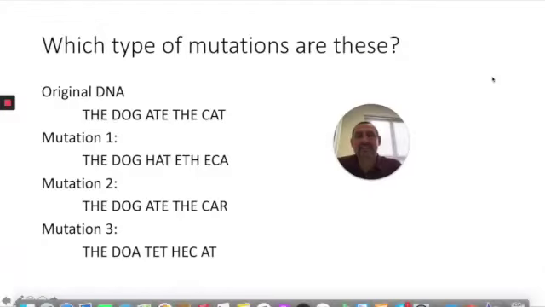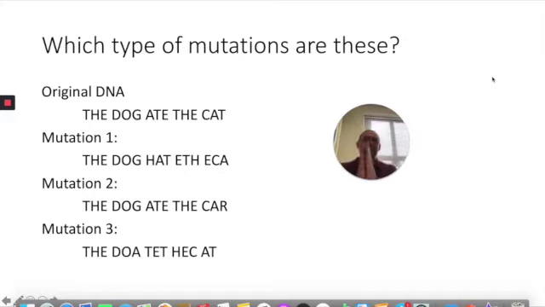Take a look at these examples of mutations. Notice that each of the words only has 3 letters, and that's because codons are read in a set of 3. So our original DNA sentence reads, "The dog ate the cat," which kind of makes some sense. But take a look at mutation number 1. In this case, we've inserted a letter.